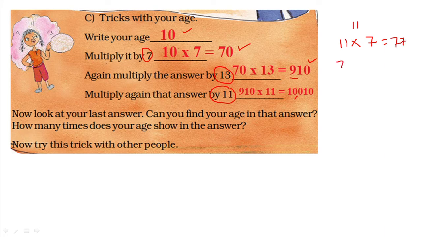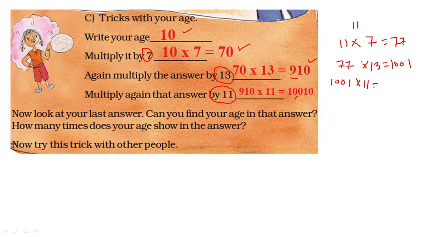Now 77 multiply by 13, answer will be 1001. You can multiply and check. Then this 1001 will be multiplied with 11.